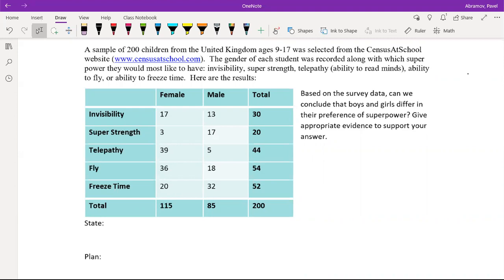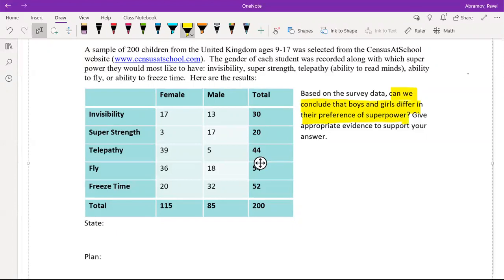Their choices were invisibility, super strength, telepathy, ability to fly, or freeze time. And what we want to know is, based on this survey, based on this data, can we conclude that boys and girls differ in their preference of superpower?